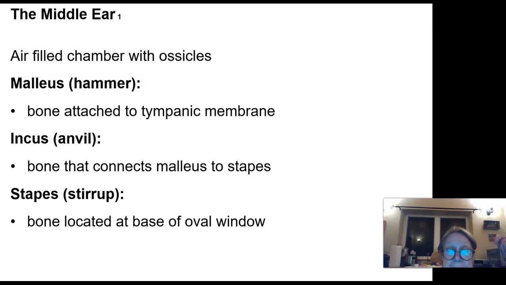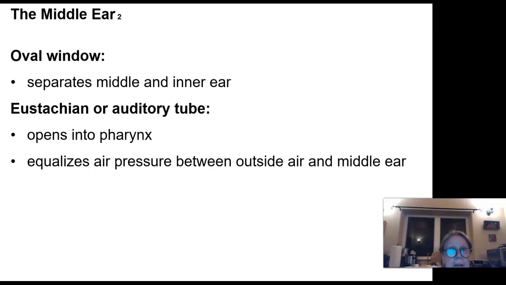Then you have the stapes, which is a stirrup, a bone located at the base of the oval window. They're all connected together, with the malleus connected to the tympanic membrane. The oval window separates the middle and the inner ear.